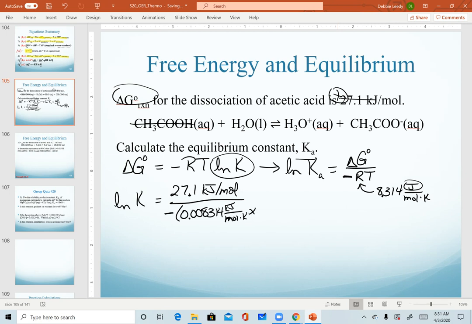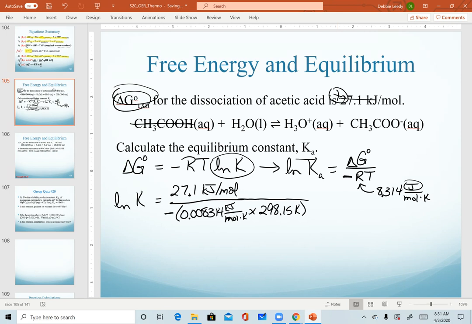And then plugging in my temperature. So notice temperature is not given in this problem, but because we are given standard Gibbs free energy, the temperature is implied to be standard temperature. I'm going to use the optional 0.15. And I've lost my calculator. Give me 1 second. Okay, so I'm going to use the optional 0.15 in my temperature conversion.